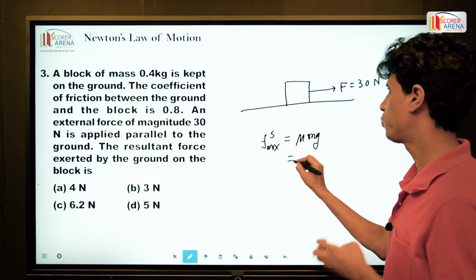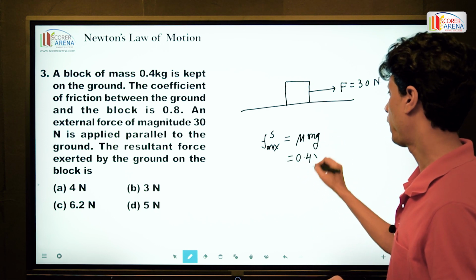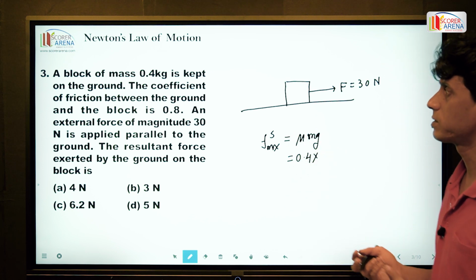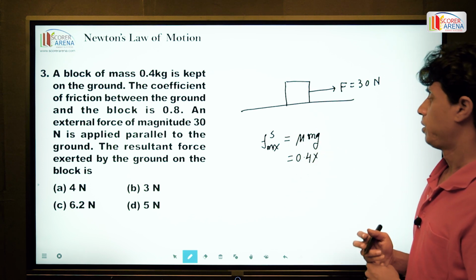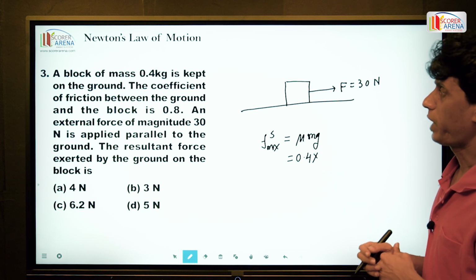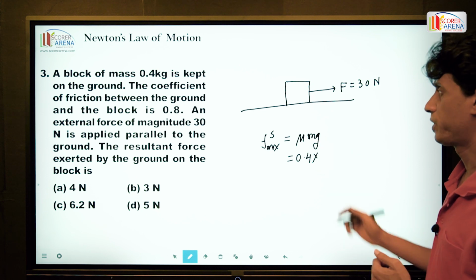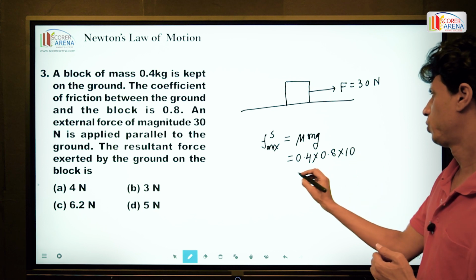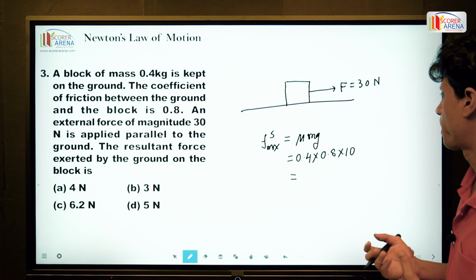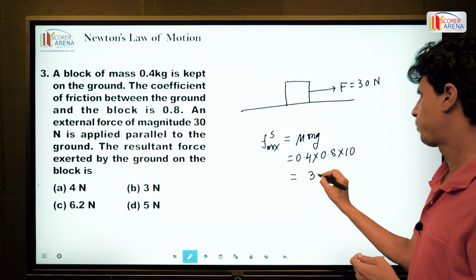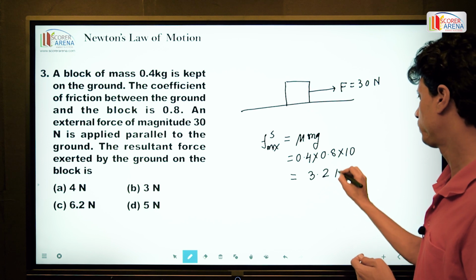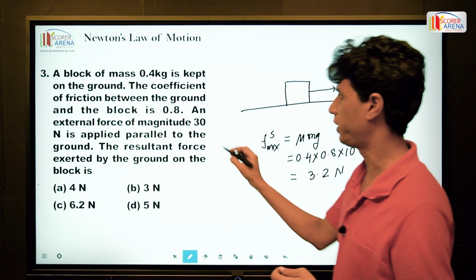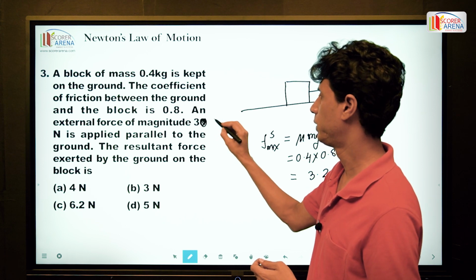The mass of the body is 0.4, the coefficient of friction is 0.8, and g is 10. So this is 3.2 Newton. I think this force is not 30 Newton, it is actually 3 Newton.